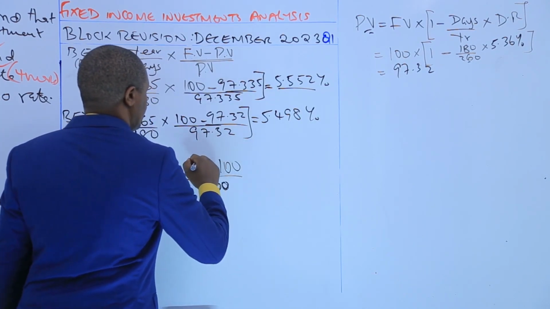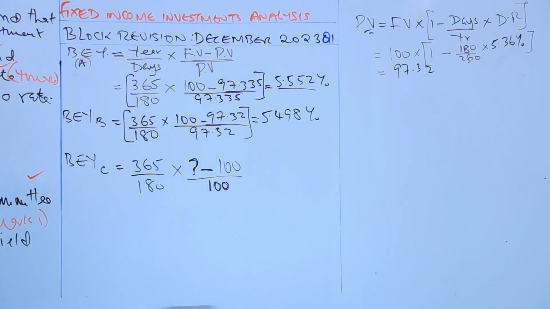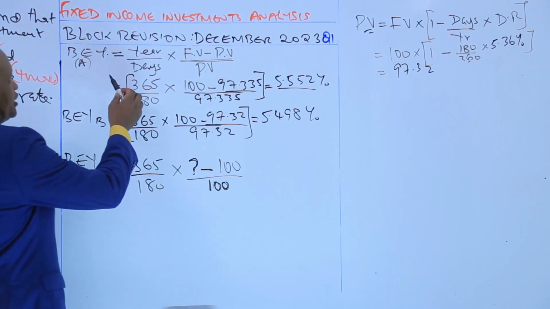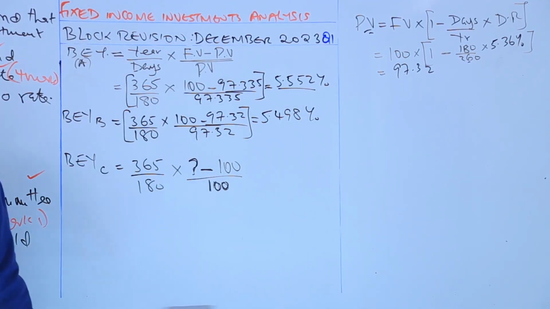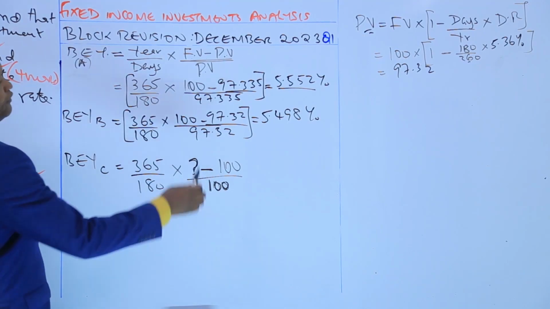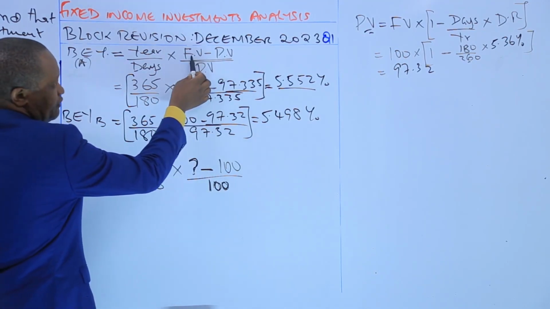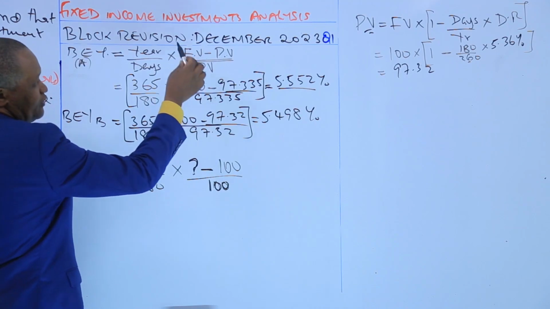What we do not have is the future value of this bond. I want you to note the difference, candidates, that when using the discount rate as a basis when calculating the bond equivalent yield, the par value is the future value.